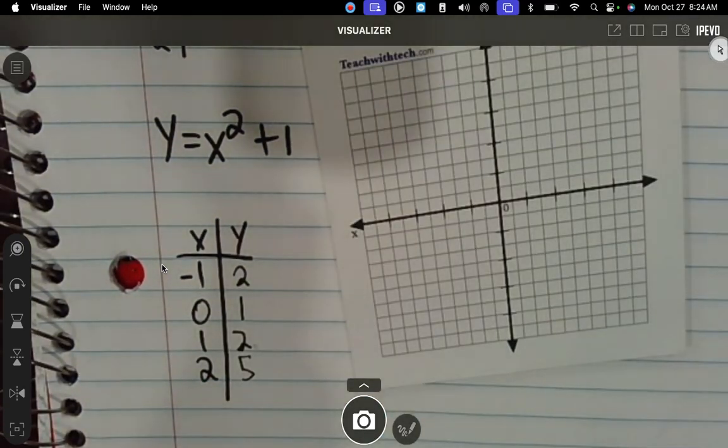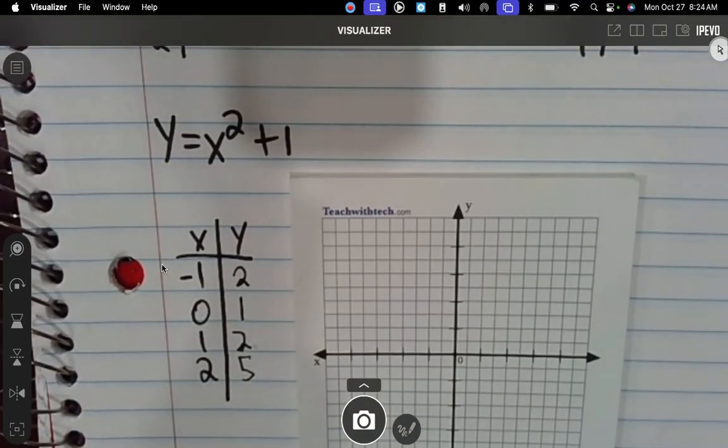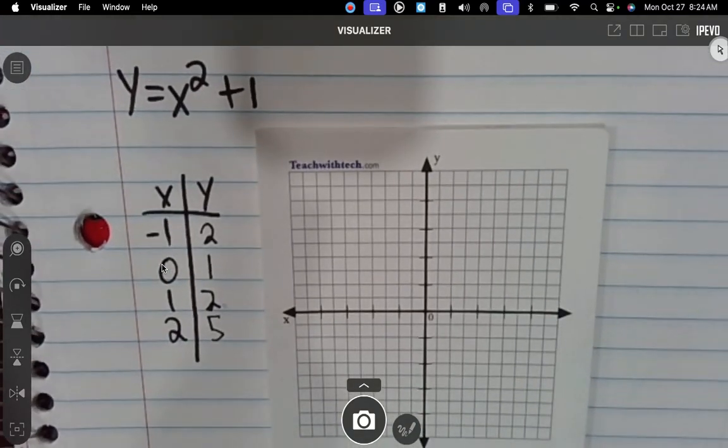So if I was to graph this one, it does not make a straight line because of the x squared. Again, you learn this way later. But you would go over negative 1 up 2. Right now we're just picking numbers and plugging them in. 0, 1, over 1 and up 2, over 2 and up 1, 2, 3, 4, 5.